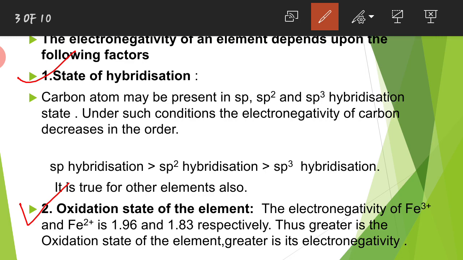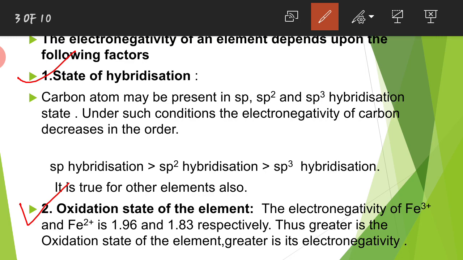Second, oxidation state of the element. The electronegativity of ferric and ferrous ion is 1.96 and 1.83 respectively.